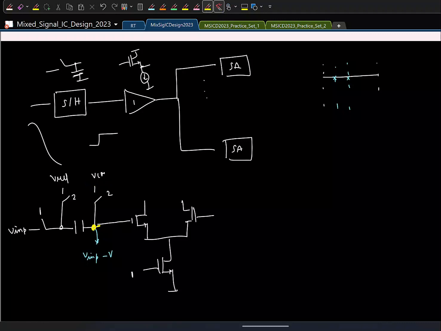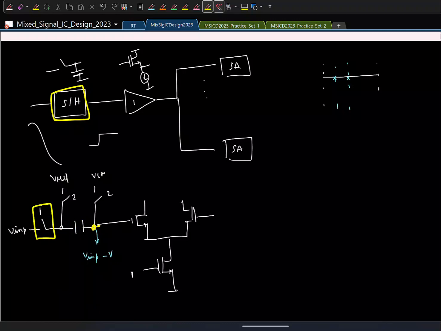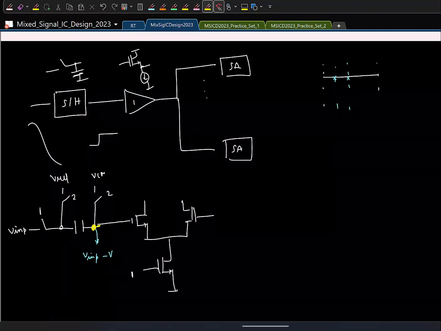And it should make sense because we are feeding the signal in phase 1, which means in the global sample and hold, the signal is being held in phase 1. If the signal is being held in phase 1, in which phase is the signal getting sampled? That's why we are directly able to feed.